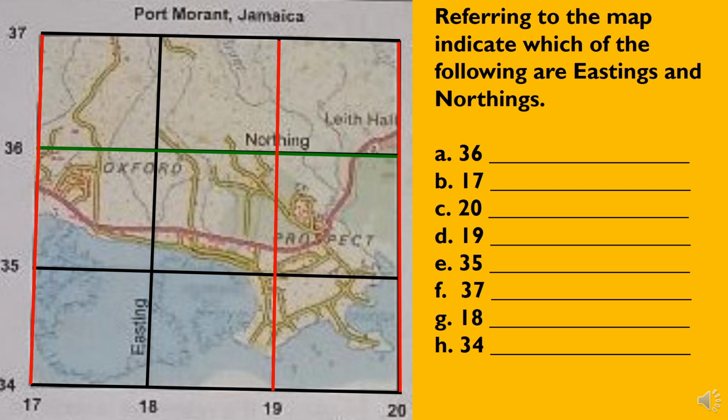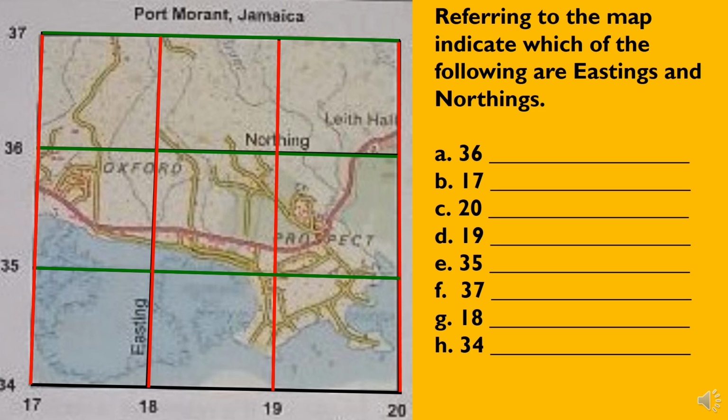What about 35? Well, 35 is a northing. It's a horizontal line that is also numbered. What about 37? Right there at the top. It's also a horizontal line, numbered. So 37 is actually a northing, just like 36 and 35. 18. 18 is an easting.